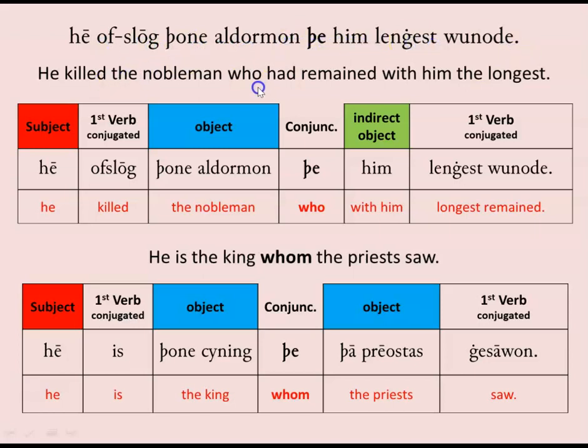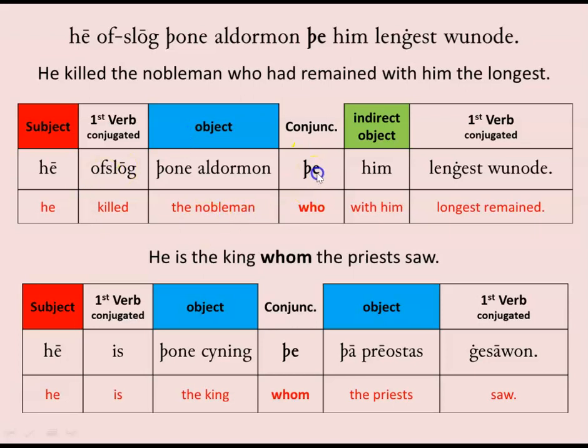He killed the nobleman who had remained with him the longest. So the subject in the first clause, the primary, independent clause, is hē. Ofslōg is the first verb, conjugated. Þone ealdorman is the object in the accusative. He killed the nobleman.